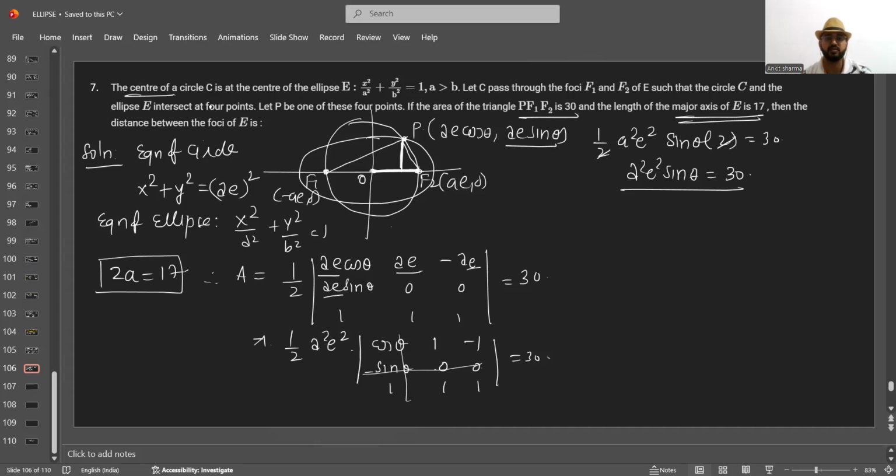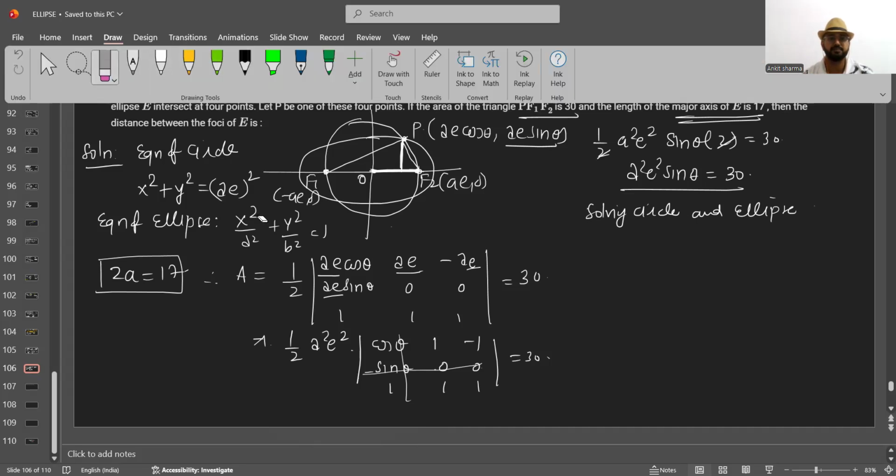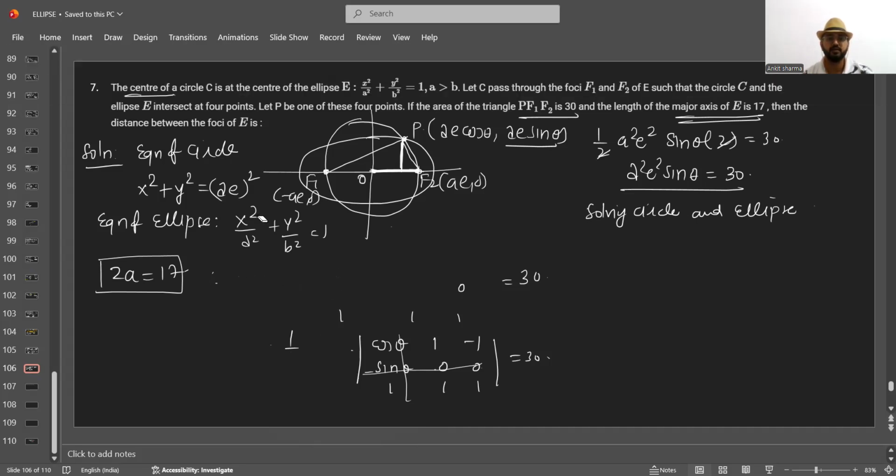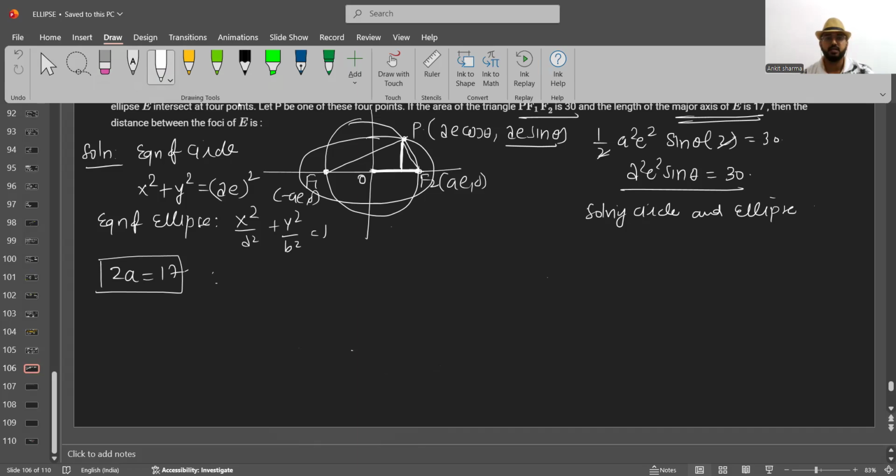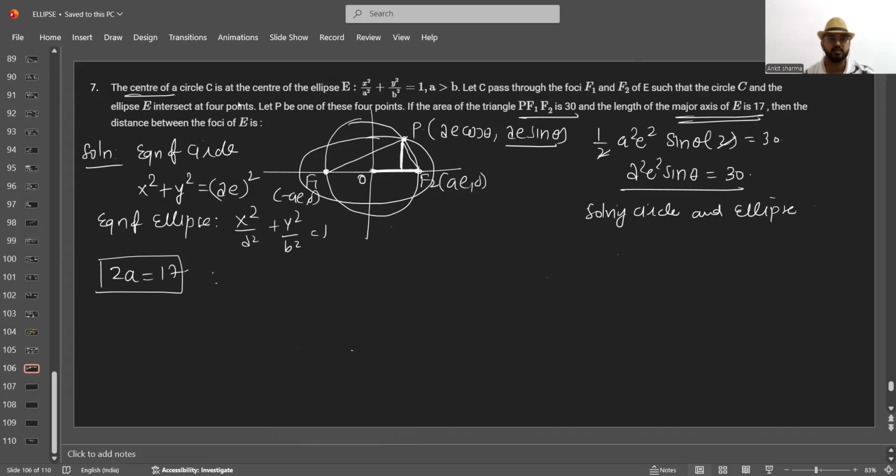We can do one thing. We can solve for the point of intersection better. So we have the circle, we have the ellipse. So solving circle and ellipse. There is no point of all these things, let's remove them. So if I solve circle and ellipse, I get x square plus y square is a square b square.